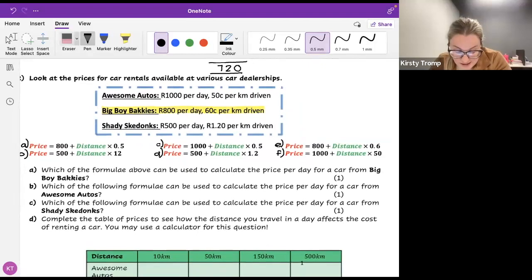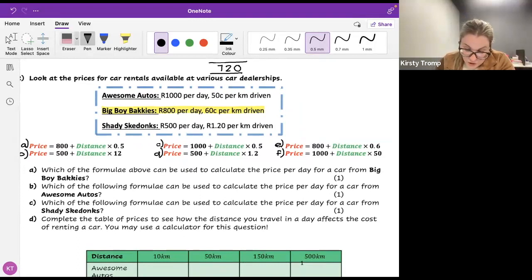The next one says, which of the following formulae can be used to calculate the price per day for a car from Awesome Autos? And finally, which of the following formulae can be used to calculate the price per day for a car from Shady Skadonks?